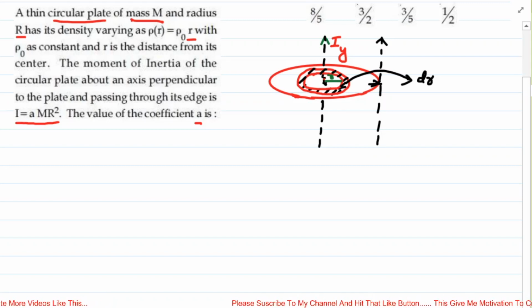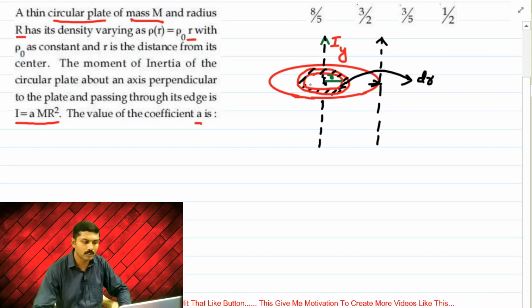That's a small letter r. So we first have to find out the moment of inertia of the small disk, and then extend the value to the bigger disk. Then we just have to put in the parallel axis theorem.